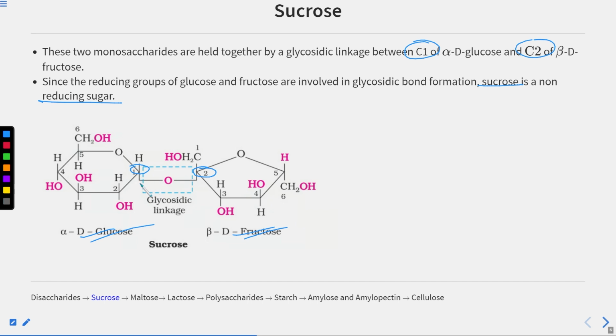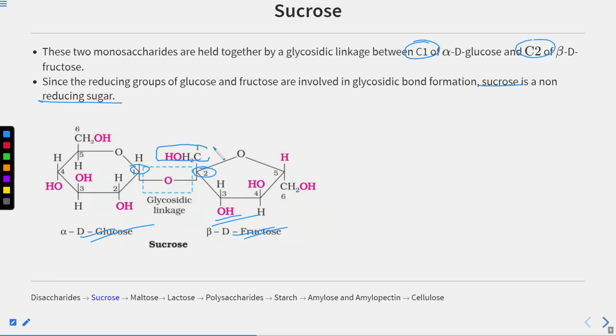Their stereo is oriented towards the ground. So for that reason, we will call it the C1 C2 alpha linkage. Got it? And why is this fructose beta D fructose and not alpha D fructose? Because you can see here that the OH is present on the upside.